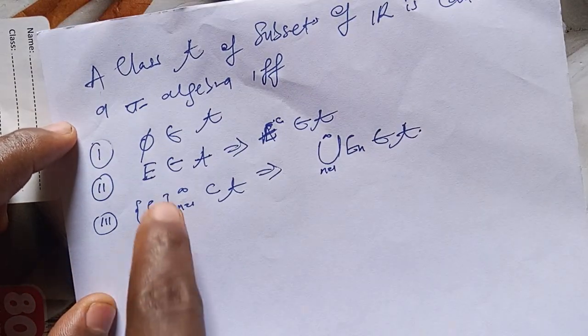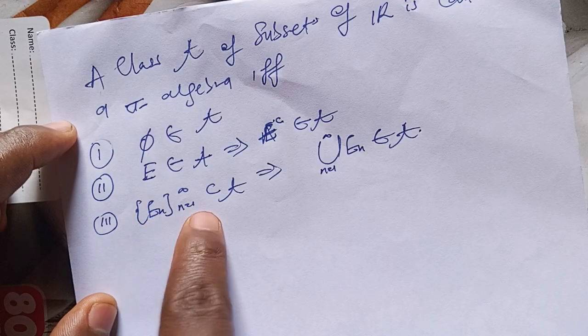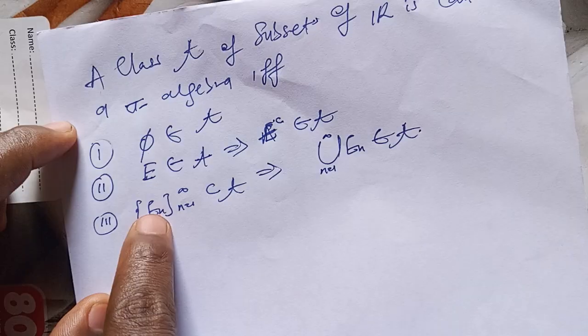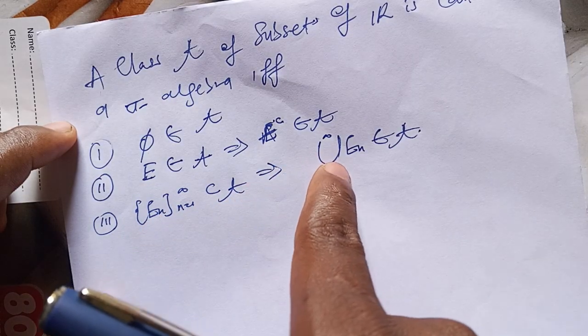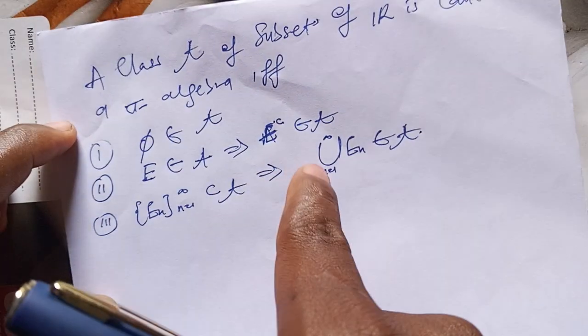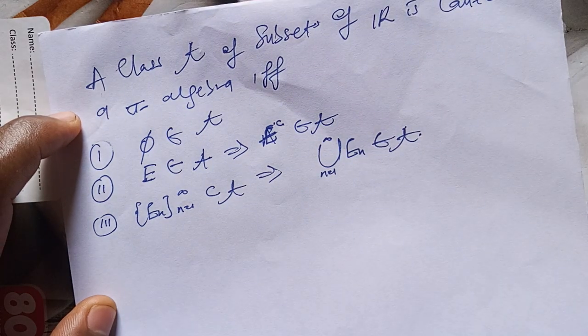Observe that this just looks like an algebra. The only difference is that this is no longer a finite union, but a countable union.